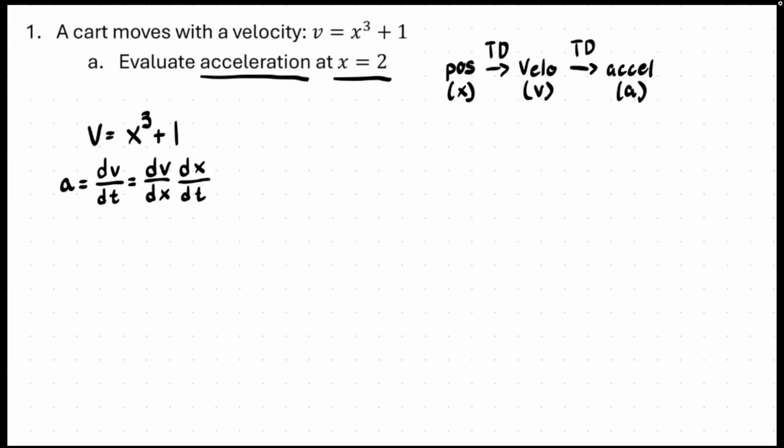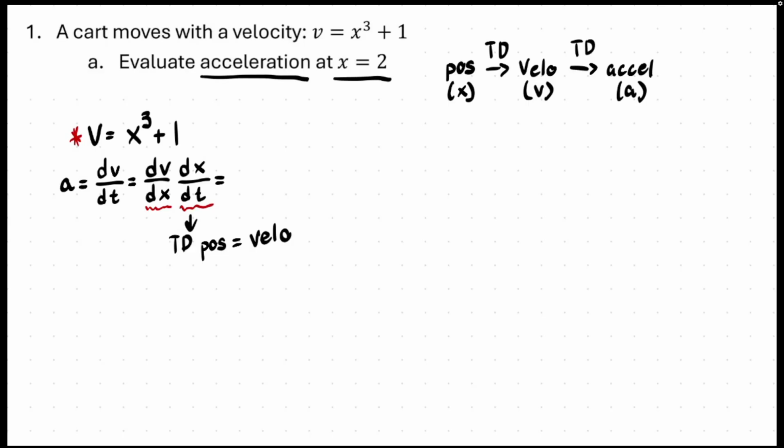We know that we can find dv dx. We can get this term because that's just the first derivative of our function up here. So that term's good. What about this next term? We don't really have an x function with respect to time, but we do know that the time derivative of position is just the same thing as the velocity.